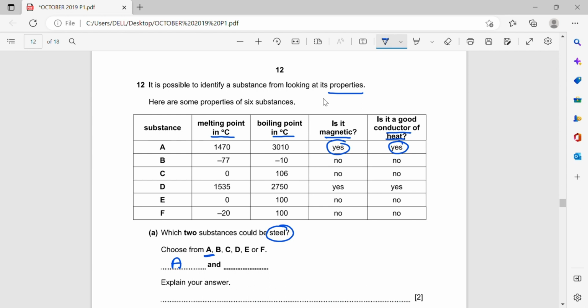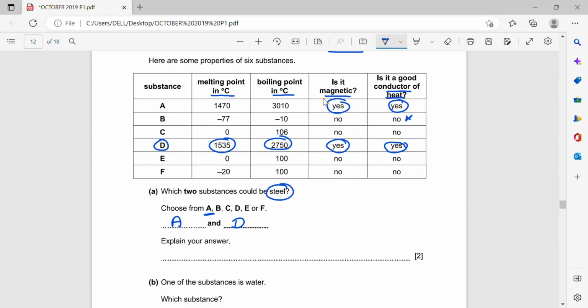Let's go to B. Okay, B: melting point low, boiling point low, not magnetic, not a good conductor. So no. Who else here is a good conductor of heat, magnetic, with high melting and boiling points?